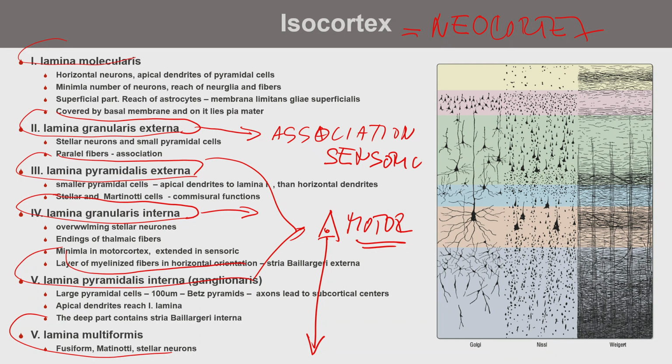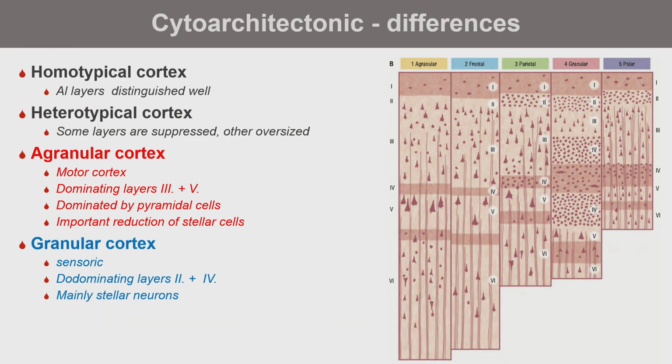And even isocortex is on the surface of 95% of the whole brain. The regional architectural differences could be observed according to the specialized functions of the parts of the brain. So then it is different relation between those layers in motor and sensoric cortex. So then we could distinguish homotypical.